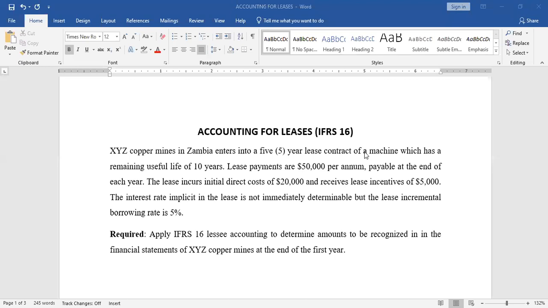Welcome to this tutorial. In this tutorial I'll be sharing with you accounting for leases, which is International Financial Reporting Standard number 16, which requires that all leases should be recognized as assets and liabilities if they have a period of more than 12 months, which is one accounting period, unless the asset is of low value.